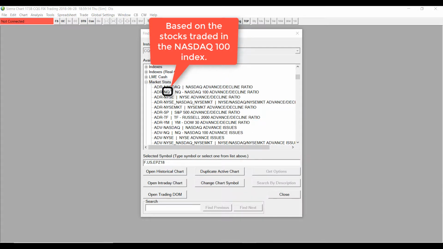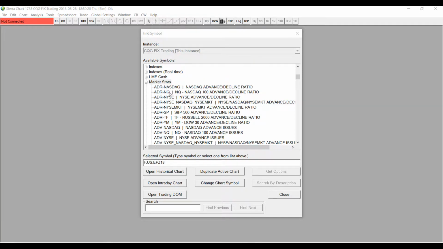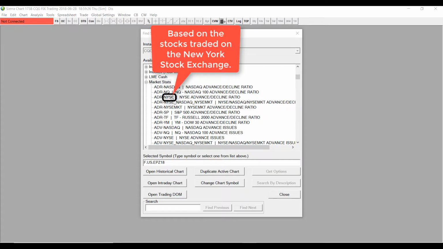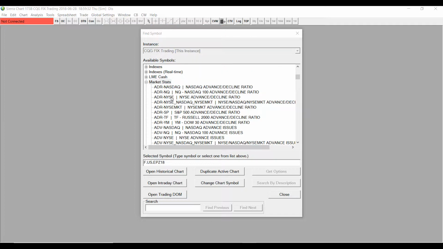So right underneath the NASDAQ, we have the NQ, which is based off the NASDAQ market, but this is based off the NASDAQ 100 index. Next up, we have the NYSE, which is the New York Stock Exchange, and the stocks being traded on them.